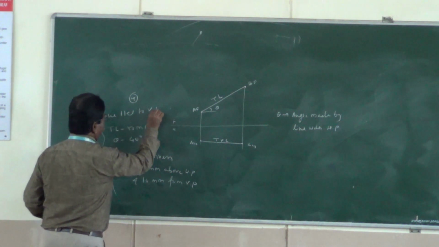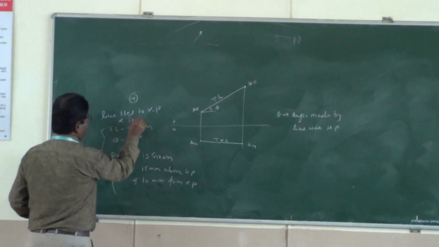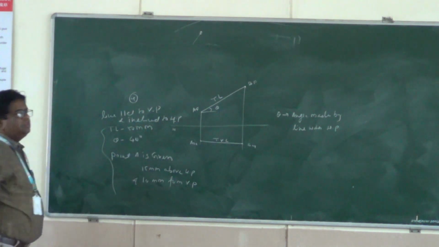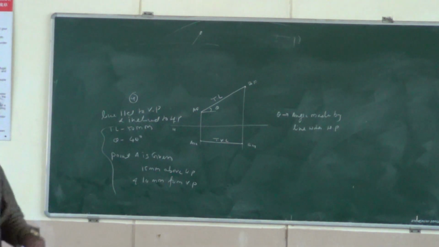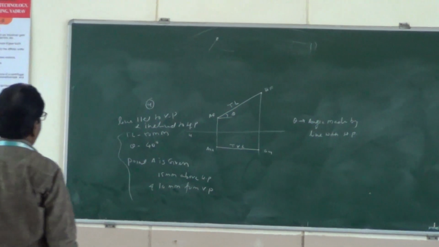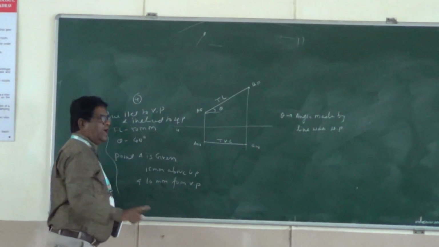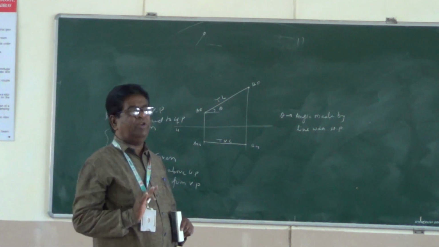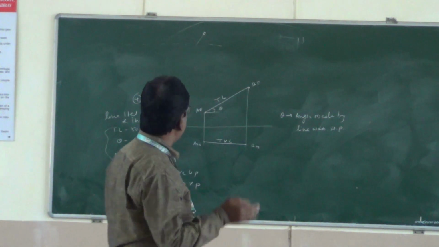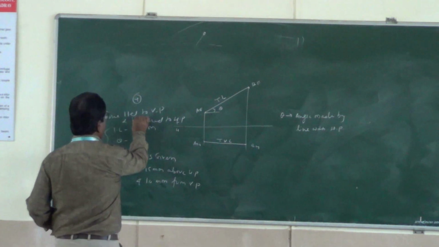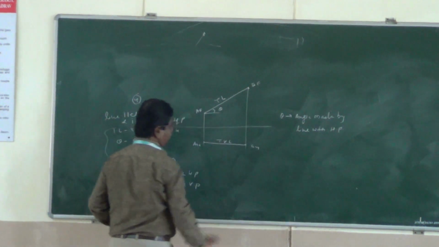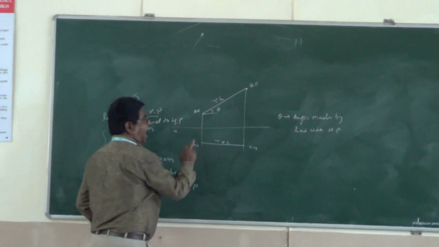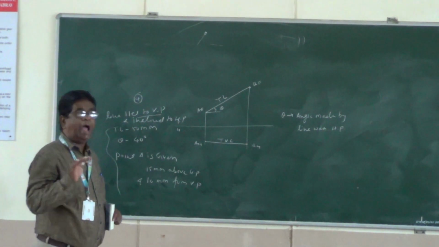The line is parallel to VP and inclined to HP. So this is the line which is given. Now you see, the line is parallel to VP. Already I told you that if a line is parallel to one of the reference planes, that line will show its true length on that plane. So the line is parallel to VP, it will show its true length on VP. And in the top view, the line is parallel to the reference line, and it is not a true length but an apparent length.